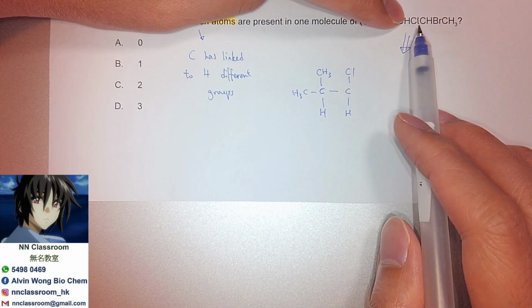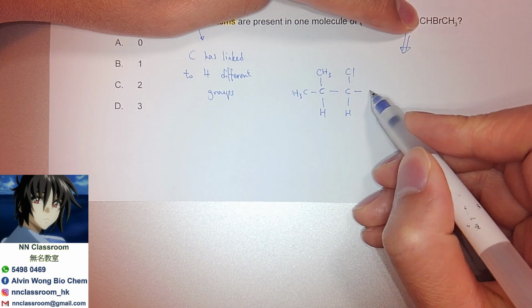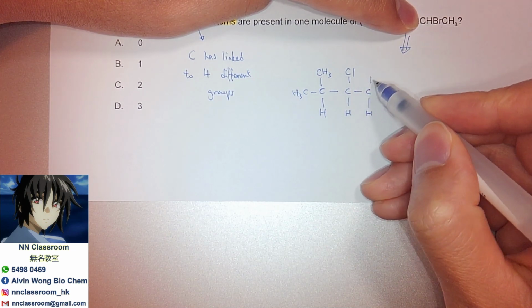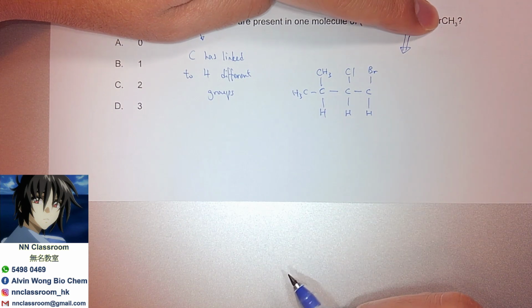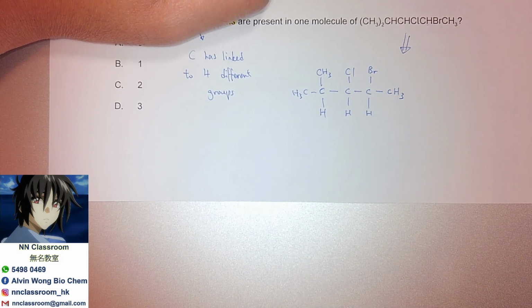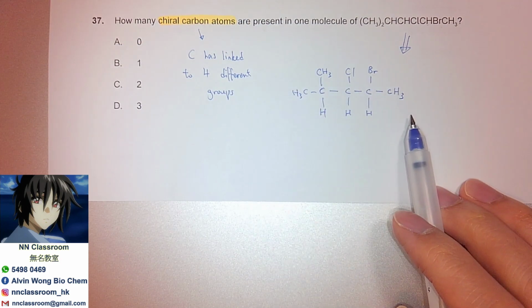Makes sense? And so after chlorine will be the next carbon that bonds to H and then Br. So one side is H, one side must be a Br, and finally to a CH3, so terminal, right? So this is the sketching of the full structural formula.